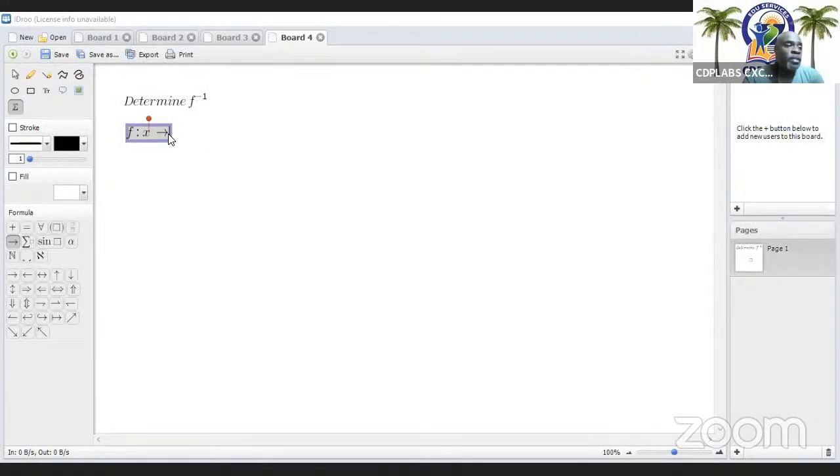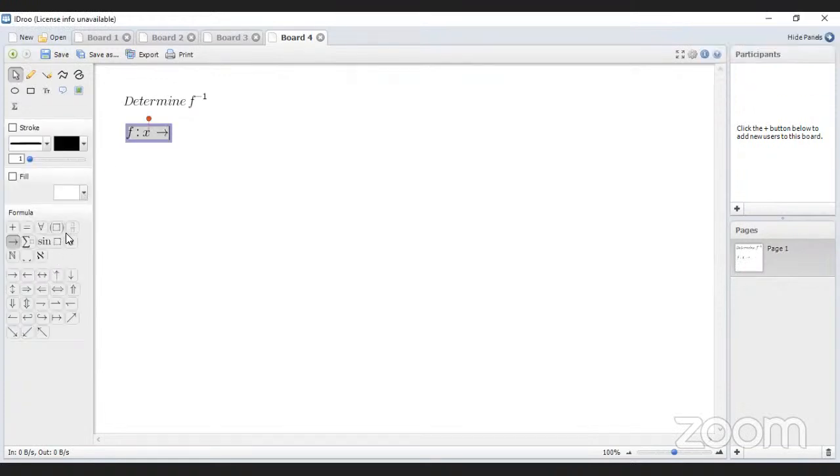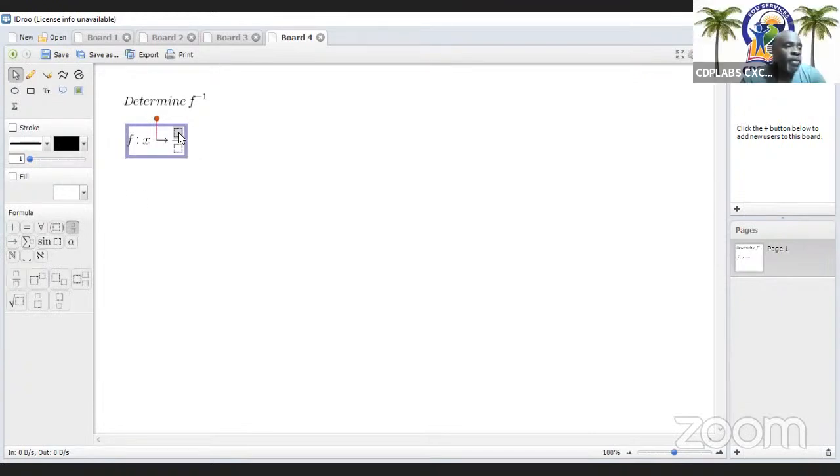So the function f of x is 2x minus 3 over x plus 1.